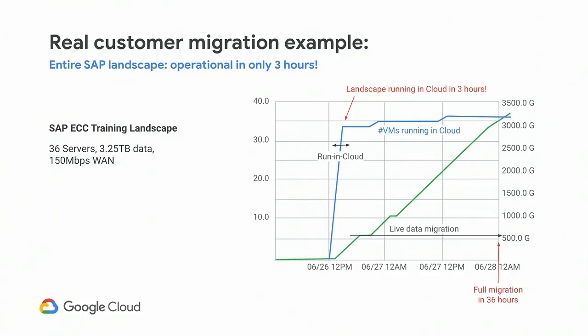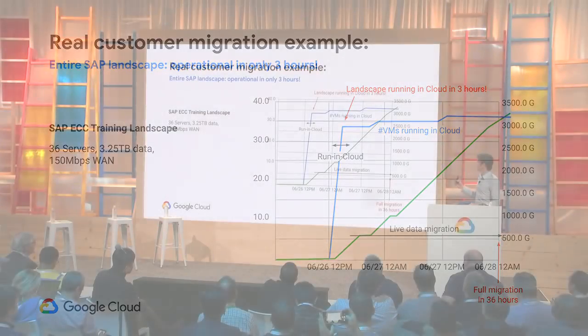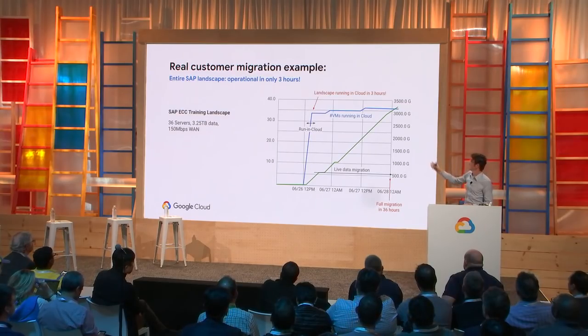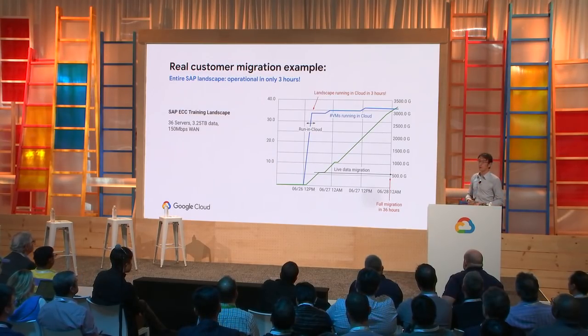So completely complete end-to-end. Right? So that's the landscape, that's what it takes with doing the live data migration. 36 hours. If you look at using Anthos Migrate, you're up and running in the cloud already in 3 hours. And that's a real production SAP large database. Okay.